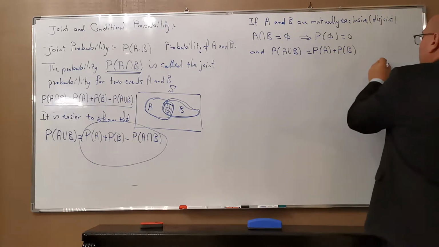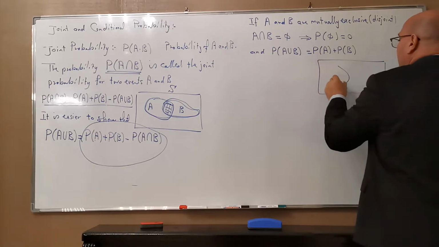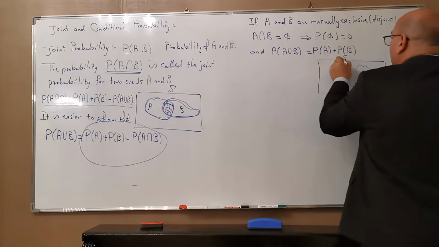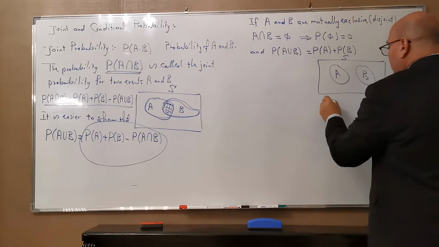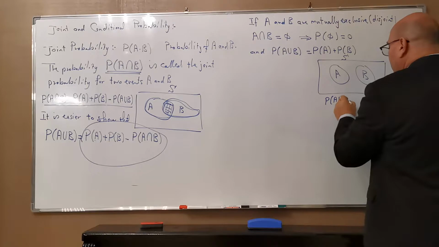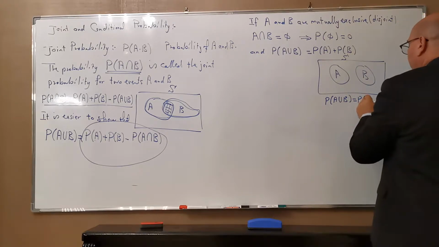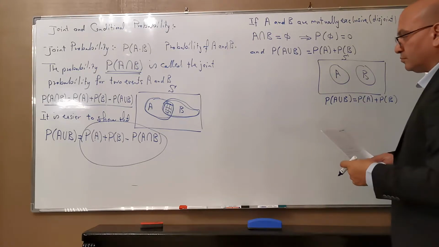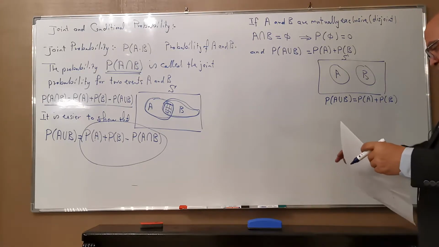In this case, you will have A and B, and this is our S. So the probability of A union B equals the probability of A plus the probability of B. Okay.